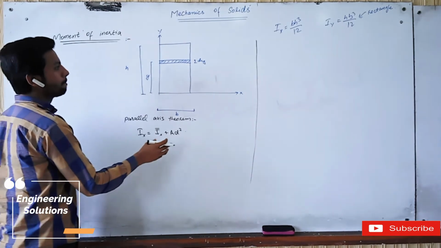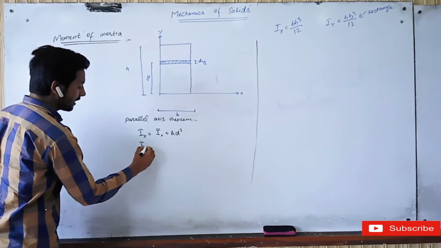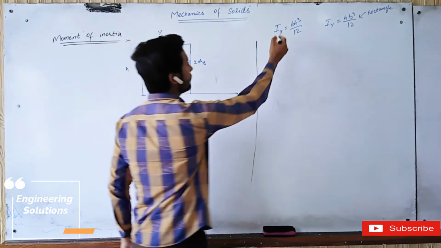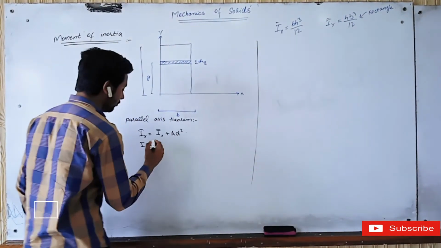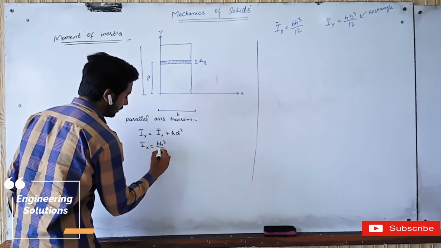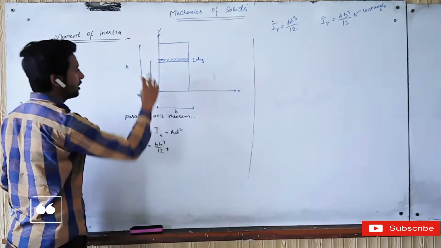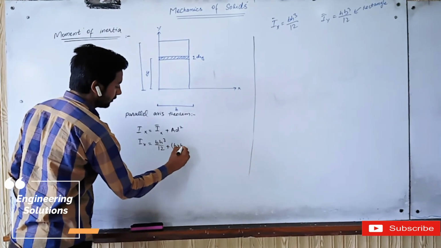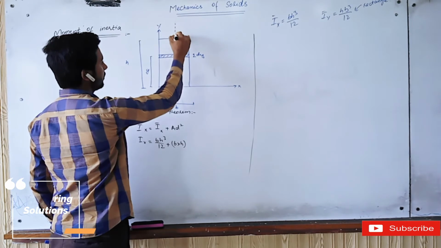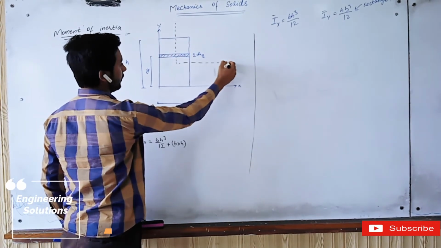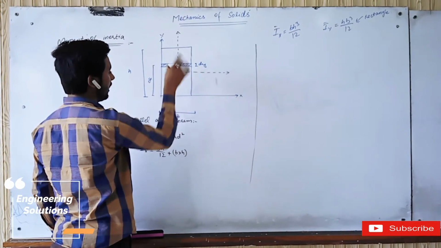So if we calculate the moment of inertia of this figure, then Ix will be equal to Ix bar, the value about the principal axis, which is bh cube divided by 12, plus the area of this rectangle, which is b into h, times the distance squared.